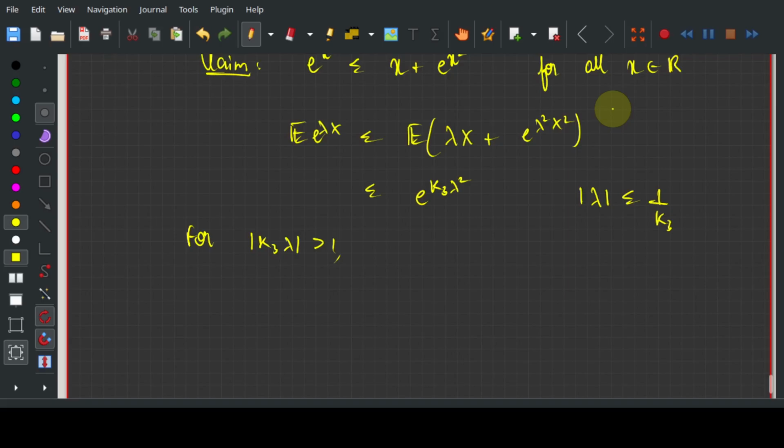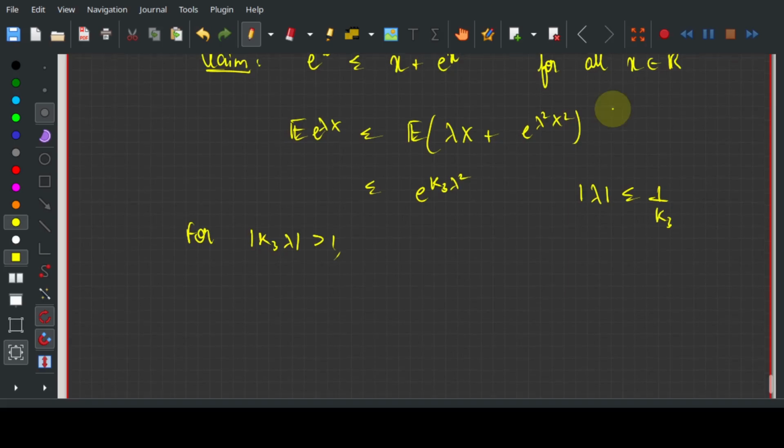Right? So in this case, I can write 2 lambda x as less than or equal to k3 lambda square plus x square by k3 square. Why is this true?